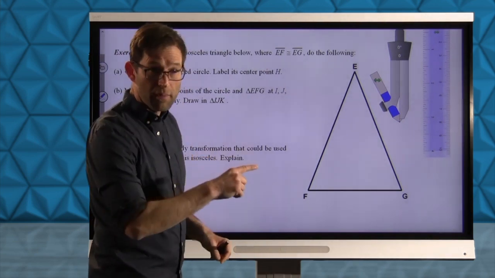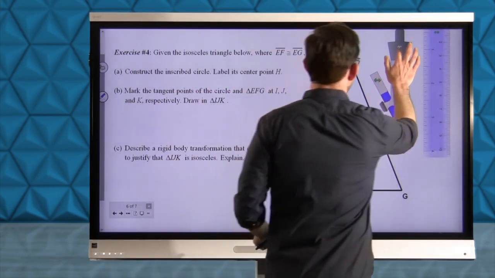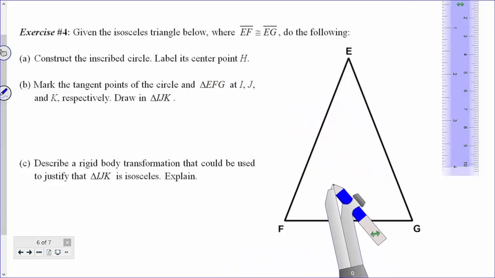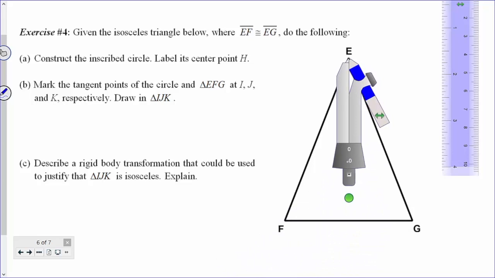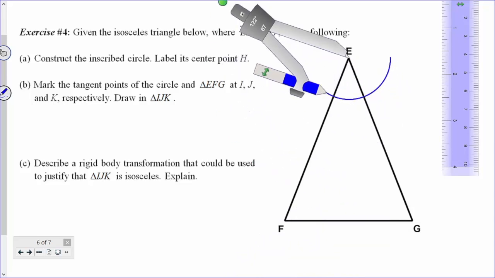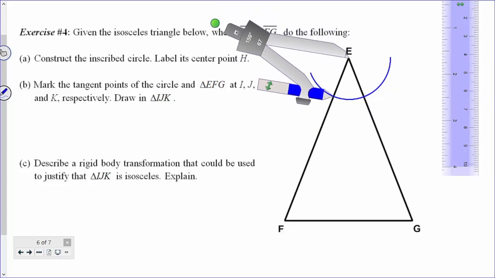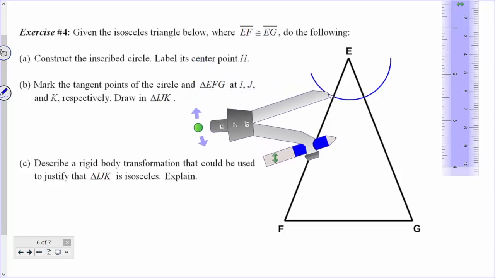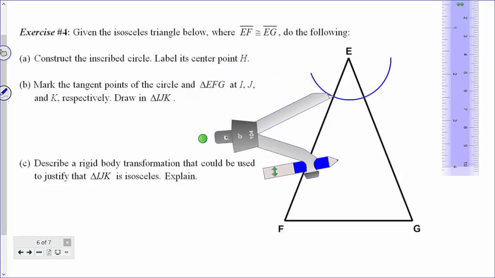So first things first, I'm going to bisect the vertex angle. That's going to take a little work because I have to do this with my compass. Open it up. All right, and I'm going to now draw a nice arc there. I'm now going to come down like this and maybe make this a bit wider.